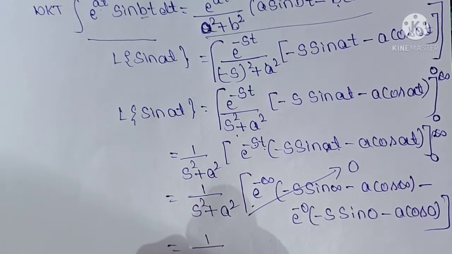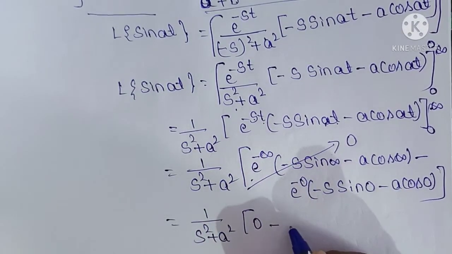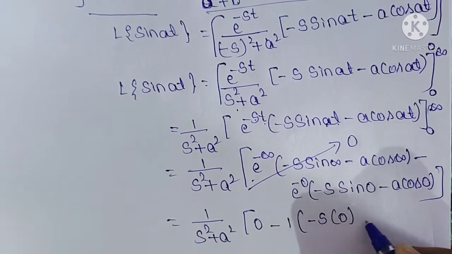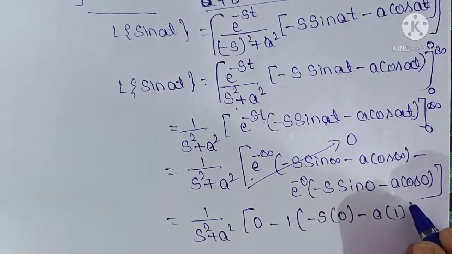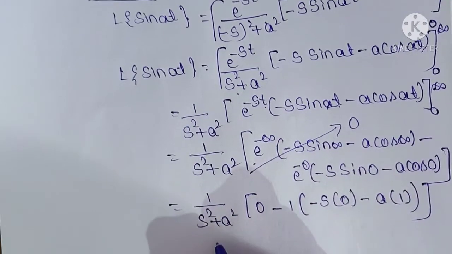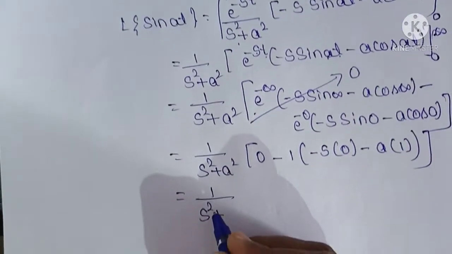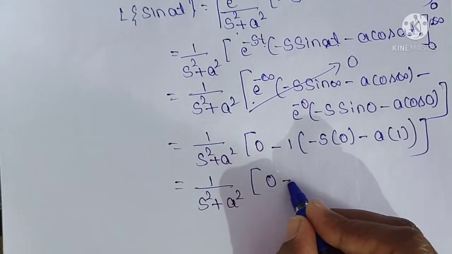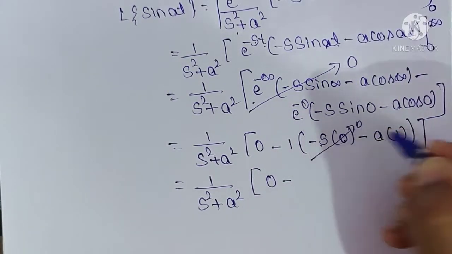1 divided by s square plus a square as it is. 0 minus e power 0 value is 1, minus s sine 0 value is 0, minus a into cos 0 value is 1. This implies 1 divided by s square plus a square into 0 minus 0 into minus s, this term will also become 0.